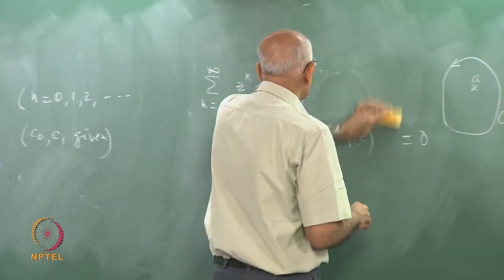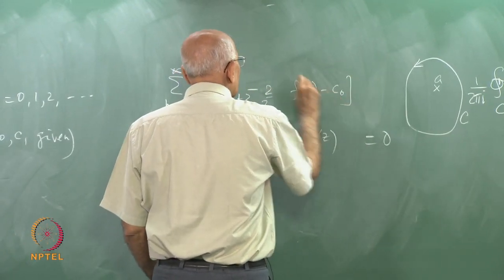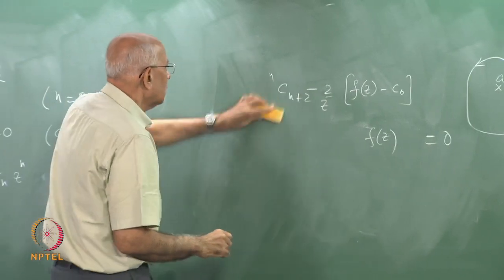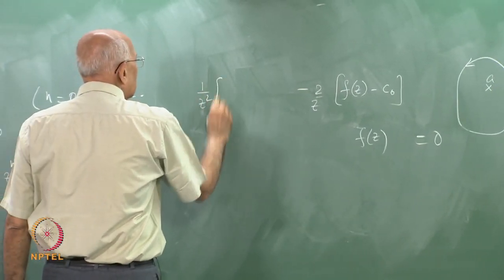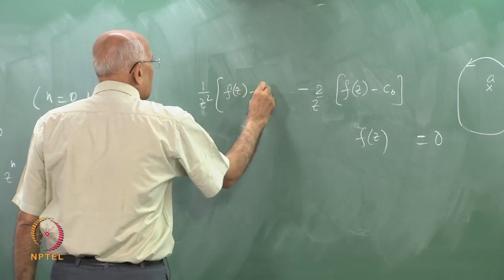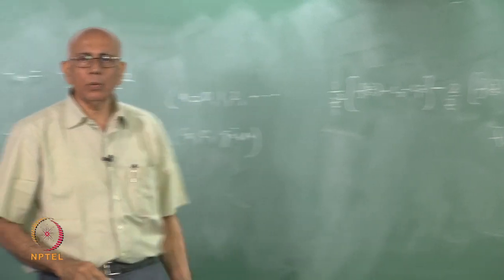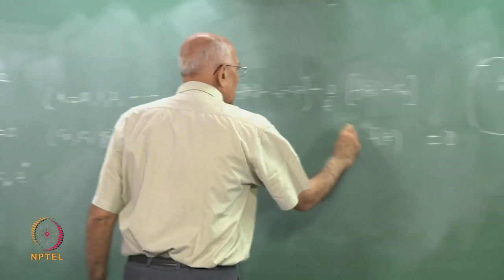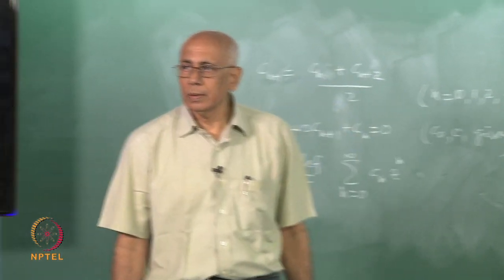So this is just f of z minus C naught on this side, and ditto here, divide by z squared and you get 1 over z squared times f of z minus C naught minus C1 z. This whole thing plus this is equal to 0. Okay.